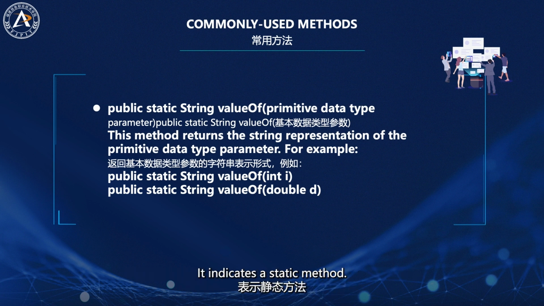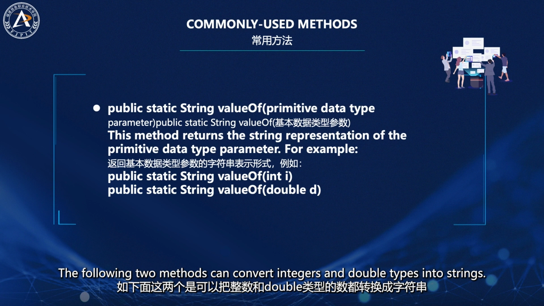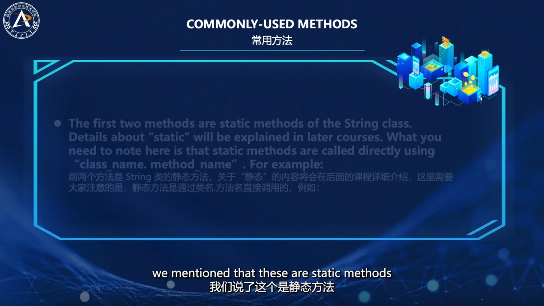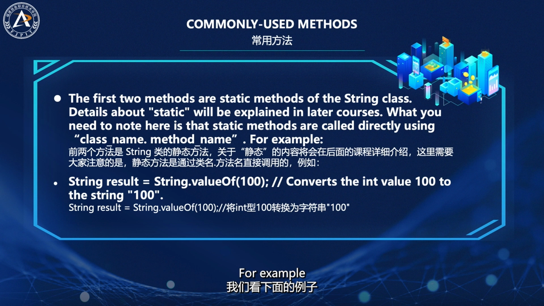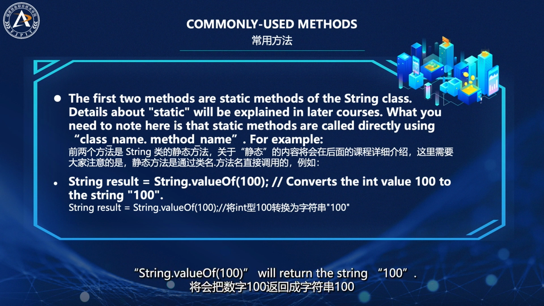It indicates a static method. The following two methods can convert integers and double types into strings. Just now, we mentioned that these are static methods, which means we need to call them using the class name, followed by a dot and the method name. For example, String.valueOf(100) will return the string 100.